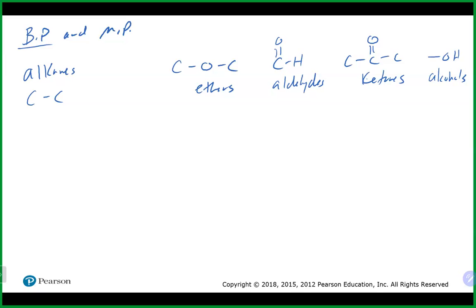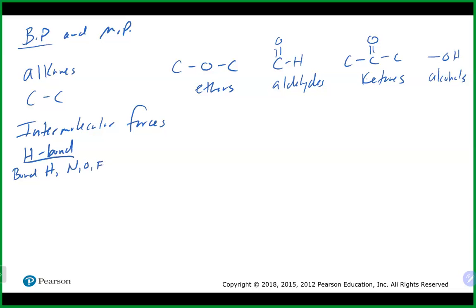So if you remember, there's really 3 types of intermolecular forces. There is hydrogen bonding, which is a bond between hydrogen and nitrogen, oxygen, or fluorine. So the hydrogen needs to be directly bound to a nitrogen, oxygen, or fluorine for it to hydrogen bond. This is what polar molecules use.